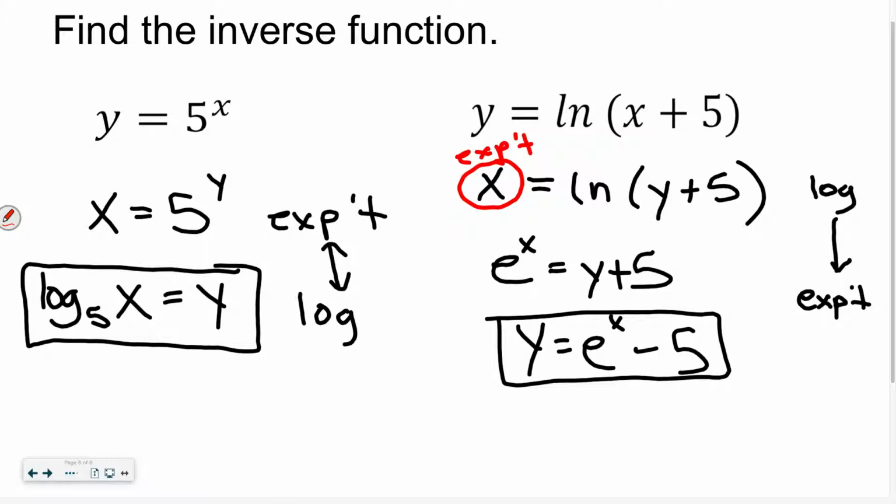Because the answer to a log is your exponent. So then that shows up over there in the exponent. In the other version, when you have a variable in your exponent, that needs to be the answer to the log as you're rearranging it. So the answer to the log is y.